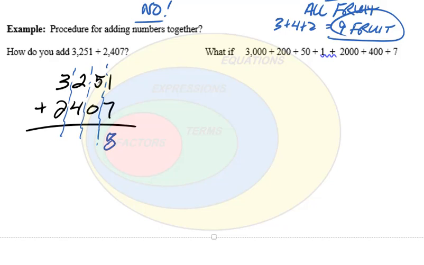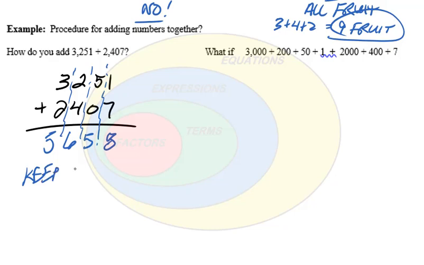Now I can add the tens together. Well, 5 and 0 is just 5, but that 5 in the second column is 5 tens. 2 and 4, that's in the hundreds column, so we'd add that. But we're using this vertical format to help keep track of like digits.